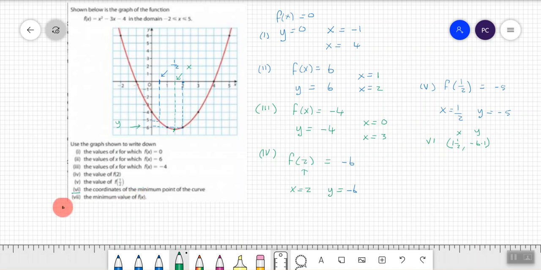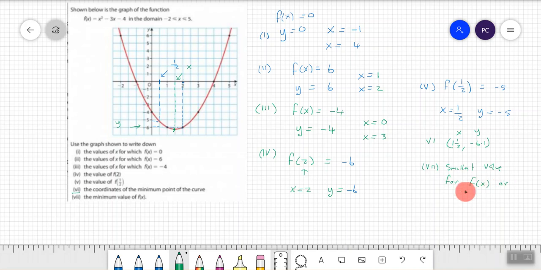And then the last one is, what's the minimum value for function x? Another way to say that is, what's the smallest value for function x.